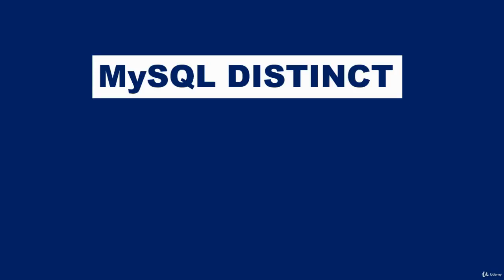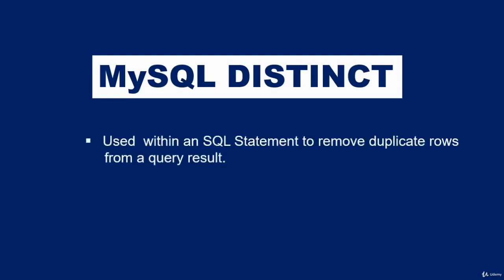The distinct keyword is basically used within an SQL statement to remove duplicate rows from the result set of a query. When you execute some SQL statements, it is possible that the result will contain some duplicates.